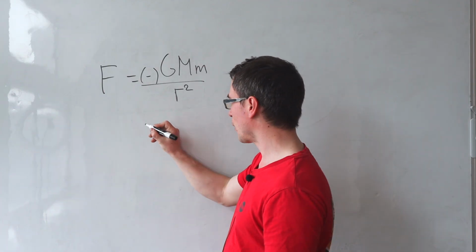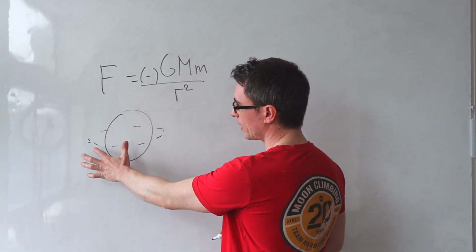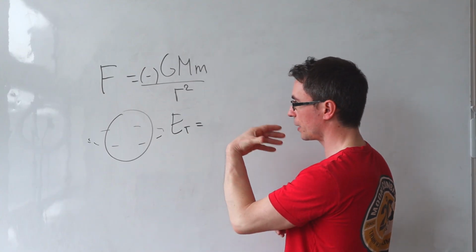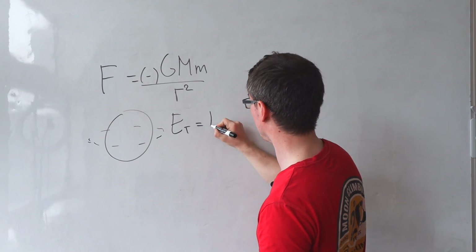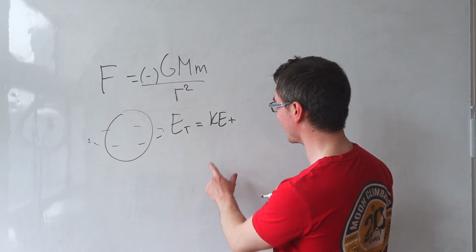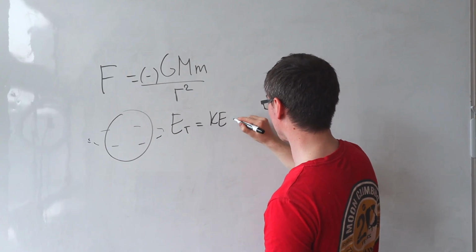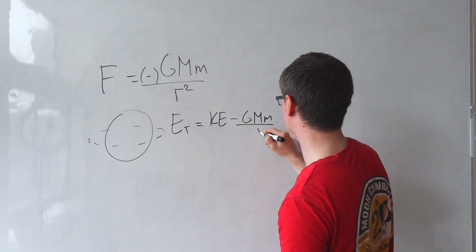So if we have an object which is orbiting, let's say we have a satellite in a circular orbit, the total energy is going to be negative if it's actually in orbit and it's not escaping, and it's going to be given by the kinetic energy plus the gravitational potential energy, which is actually negative, so minus GMm over r.